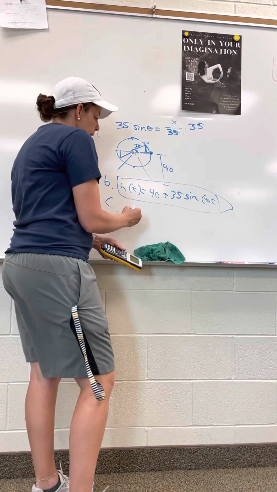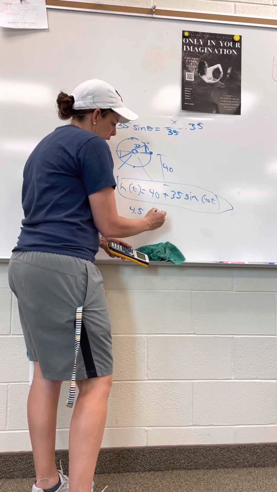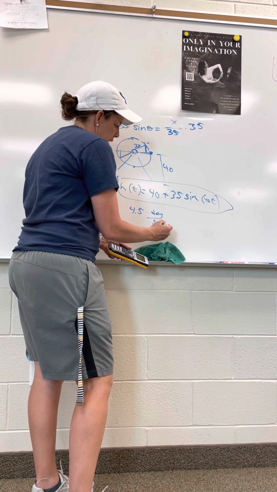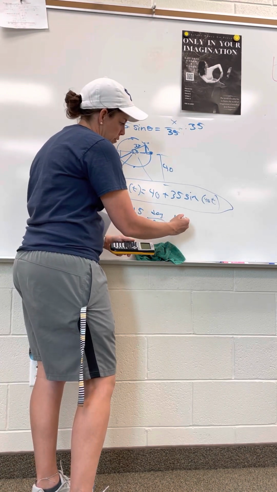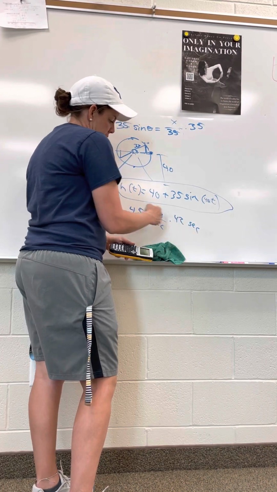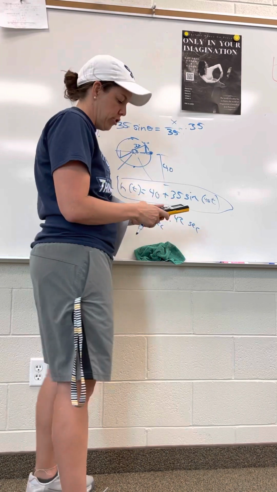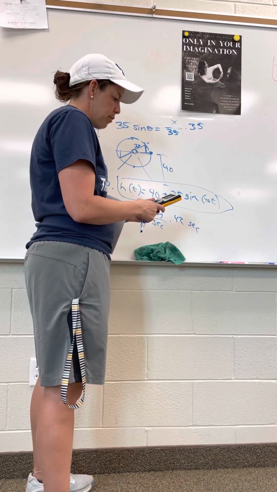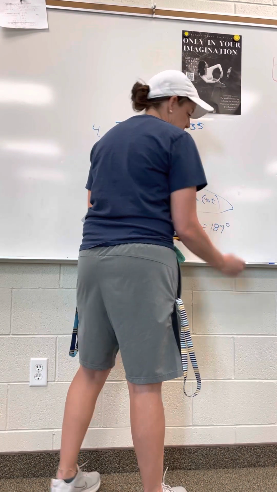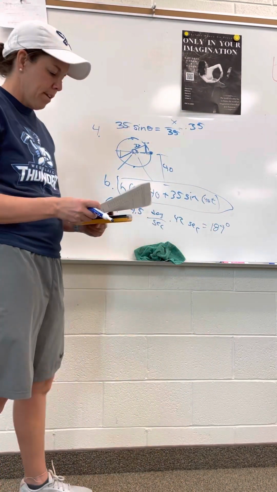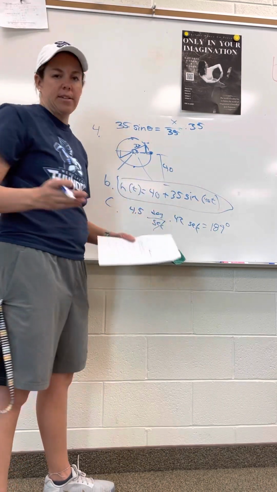So if you're going 4.5 degrees per second, if we multiply by 42 seconds, then for every second, it'll calculate 4.5 rotation. So I'll do 4.5 times 42, and I'm going to get 189 degrees on C. And that cancels out, that degree stays, seconds are gone.